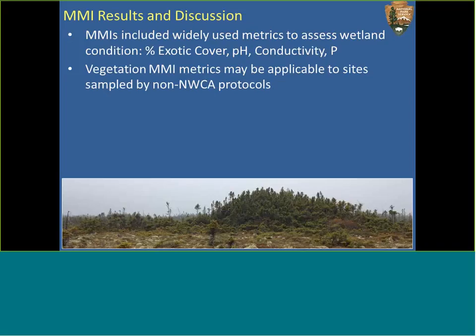Because the individual metrics that went into the vegetation MMI do not include species richness, and rather use summed percent cover by plant groups, the vegetation MMI may be less sensitive to sampling area and could be applicable to other protocols. I'm interested in what other folks think about this, and if other folks apply this to different kinds of protocols, what the results look like.